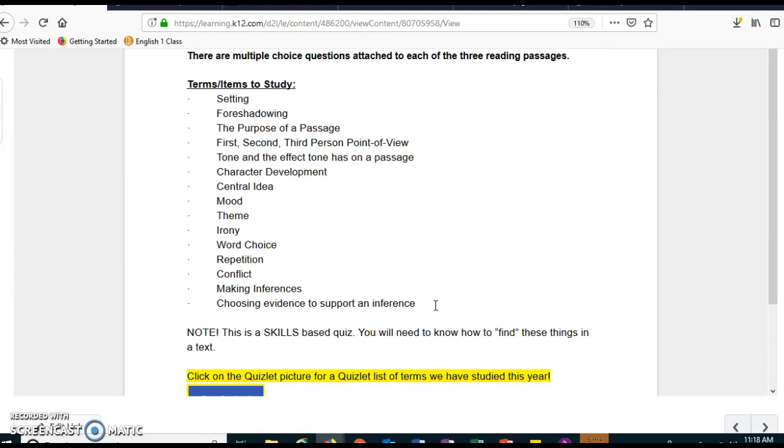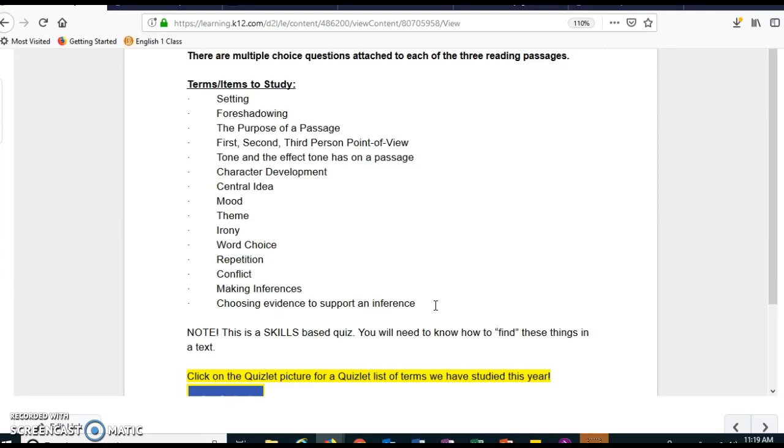Basically, these are things that you have learned all semester long. So it's not something that you're going to be able to cram into a day and study. These are things that you can refresh your memory about, and you're like, oh yeah, this is what irony is, or this is what theme is, and this is what mood is.